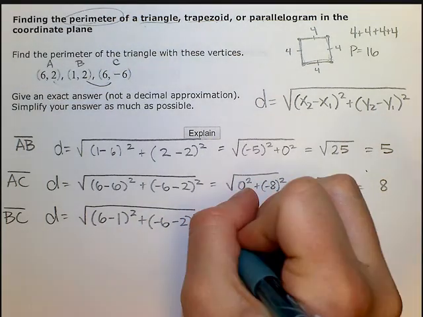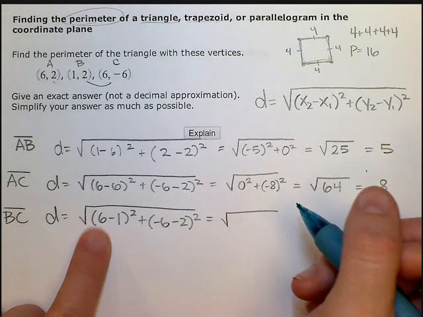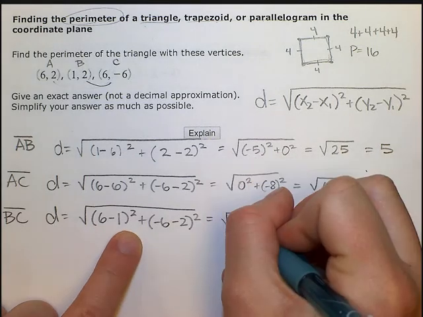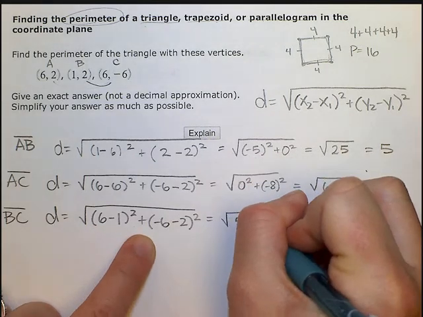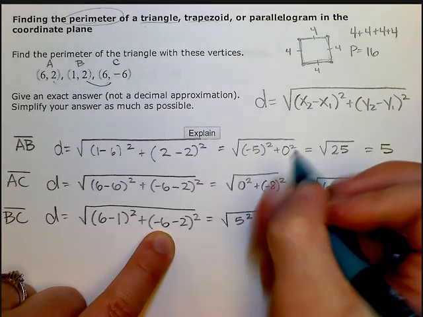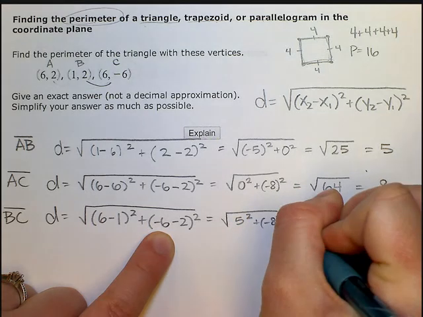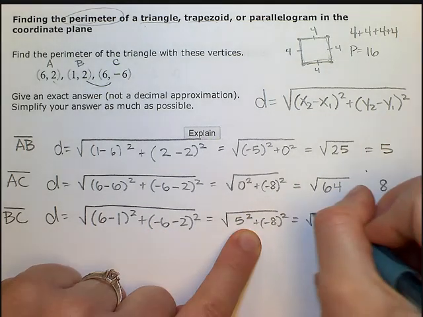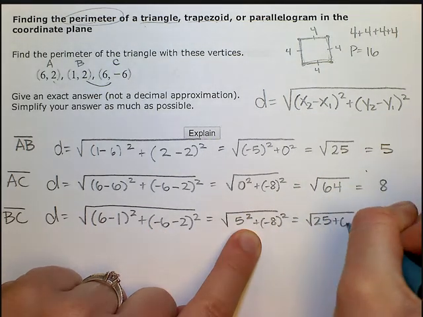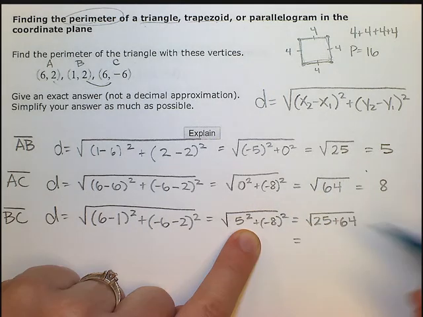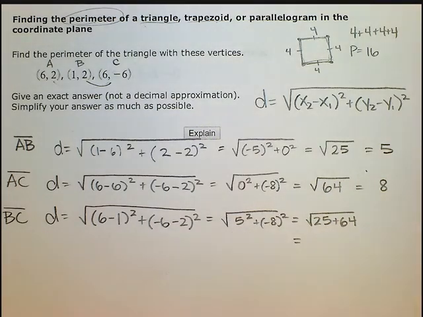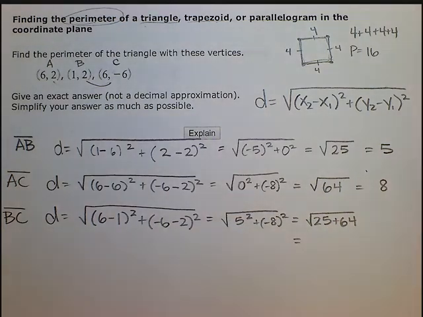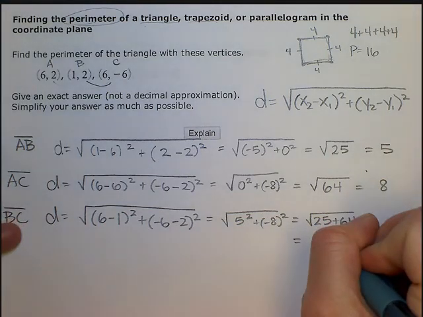And I just simplify. Now here I have 6 minus 1 squared, so that's 5 squared, and negative 6 minus 2, which is negative 8 squared. So here I have 25 plus 64. Okay, so let me just make sure that I'm not making mental math mistakes here. 64 plus 25 is 89. So now I have a square root of 89.